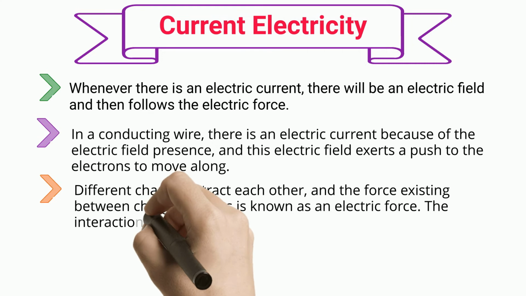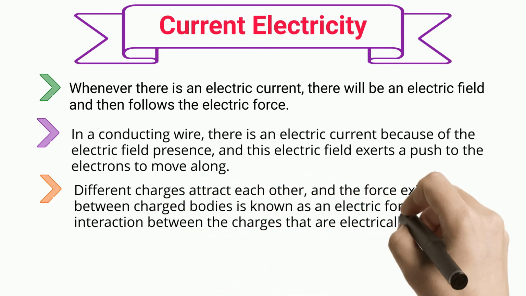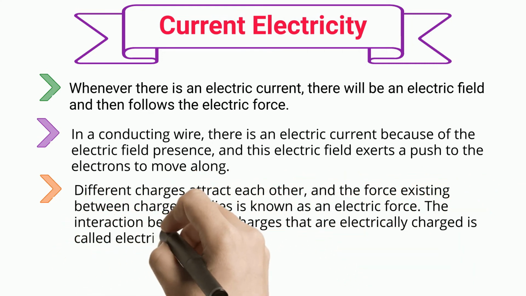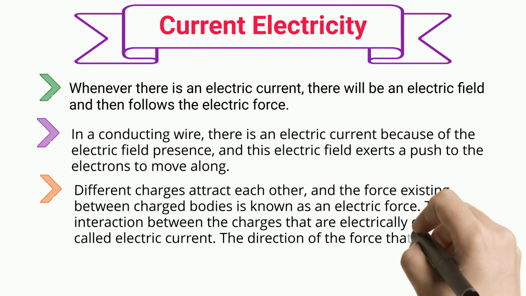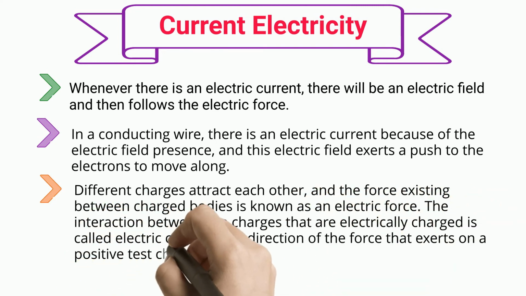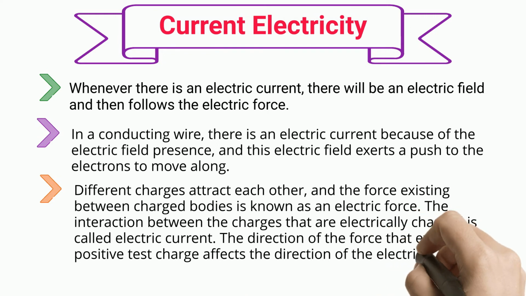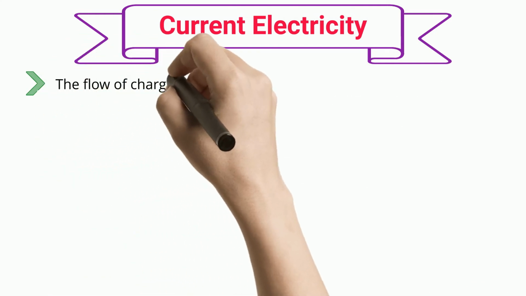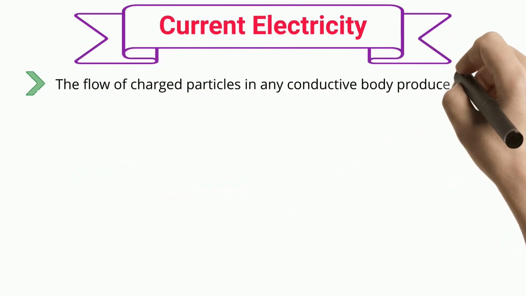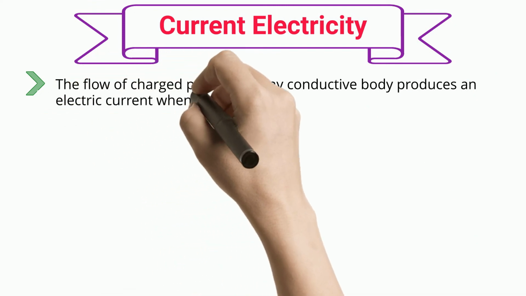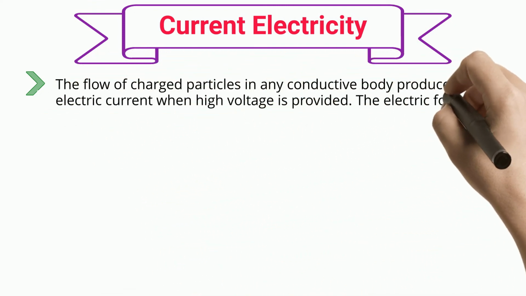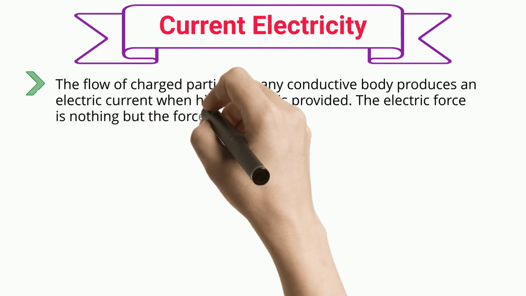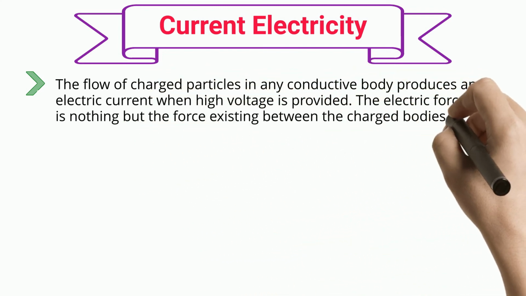The interaction between the charges that are electrically charged is called electric current. The direction of the force that exerts on a positive test charge determines the direction of the electric field. The flow of charged particles in any conductive body produces an electric current when high voltage is provided. The electric force is nothing but the force existing between the charged bodies.